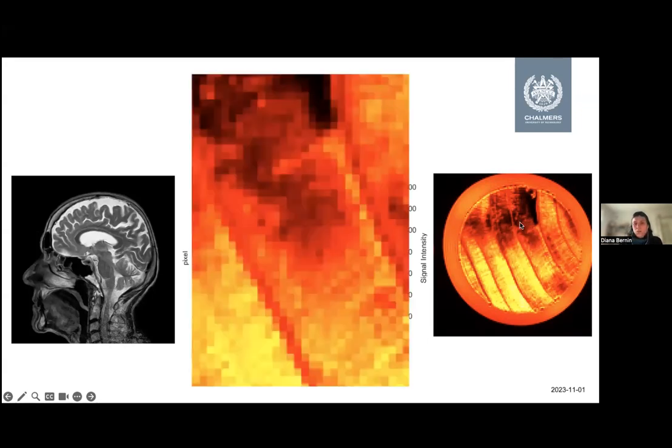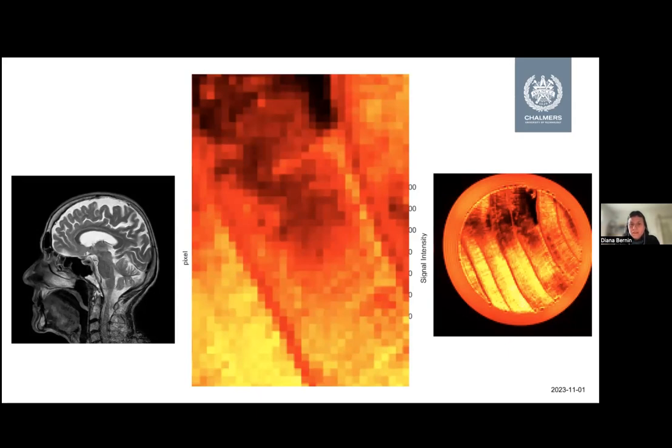And another important point: when we zoom in on this image, you can see that these are squares. These squares we call in the MRI language voxels, which is basically a volume element of a pixel. So a pixel is 2D, but a voxel, since in MRI you always have a slice thickness, is a volume element.